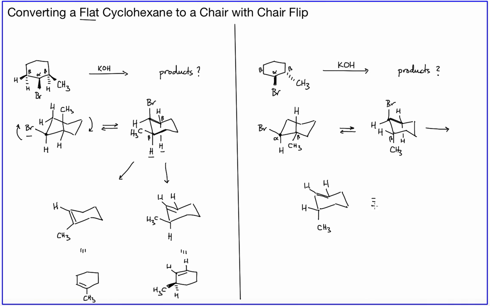And if we draw that flat, here's our di-substituted alkene. The methyl group is showing as a dash, so it's down. So here's our major product from this diastereomer.